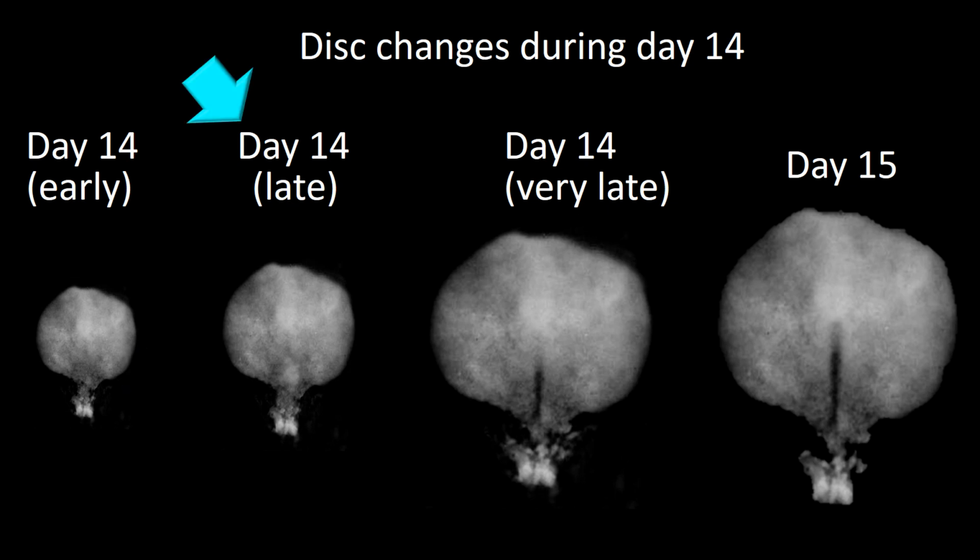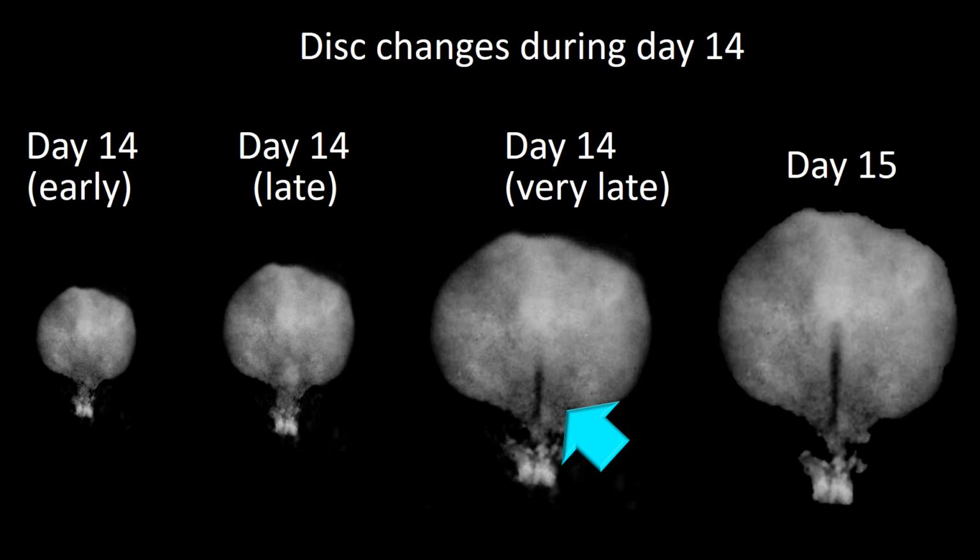Late on the same day, a bulge appears close to the stalk leading to the placenta. Very late on the same day, the bulge takes the form of a narrow ridge with a thick base and a midline groove. These newly formed structures constitute the primitive streak.